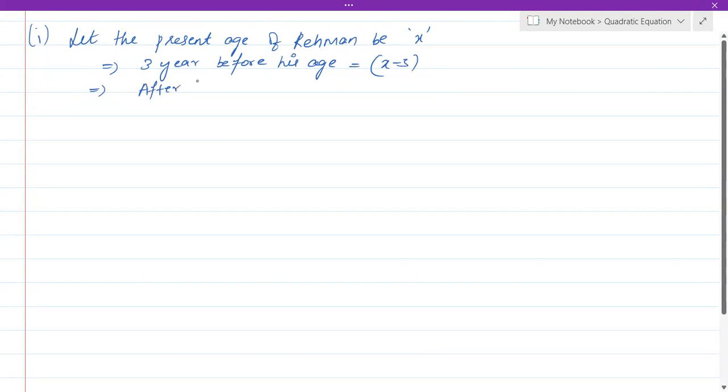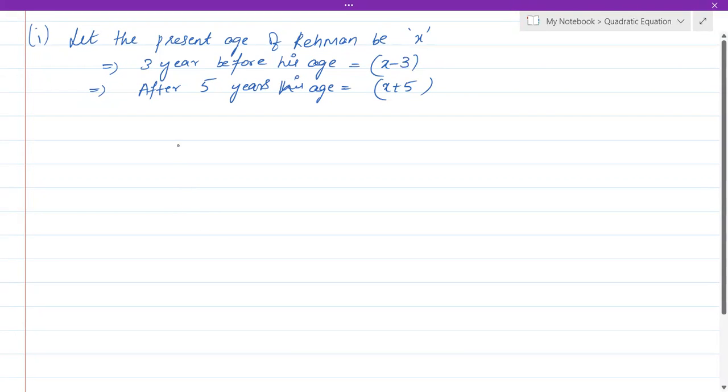After 5 years from the present, his age will be how much? Now his present age is x. After 5 years, it will be x plus 5, isn't it? So the previous one is x minus 3.